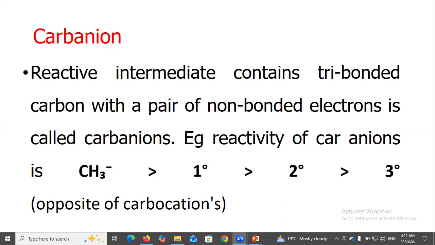For example, this is the methyl carbanion: the carbon has three hydrogens bonded and one non-bonded pair of electrons. This is also the reactivity of carbanions.